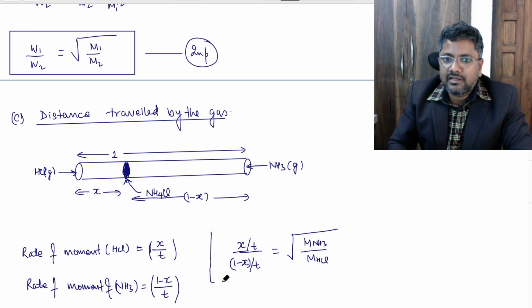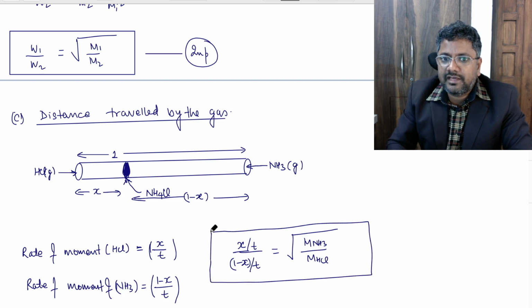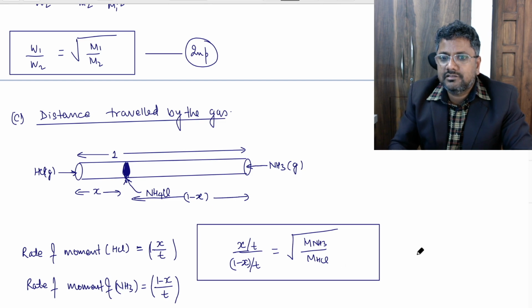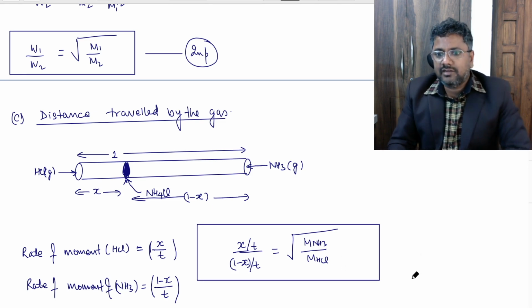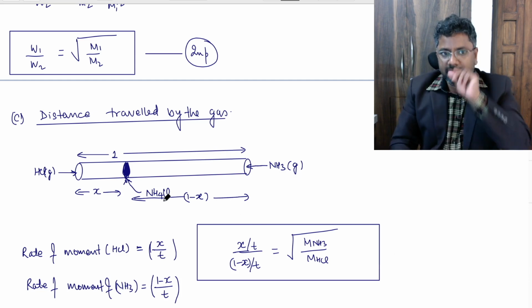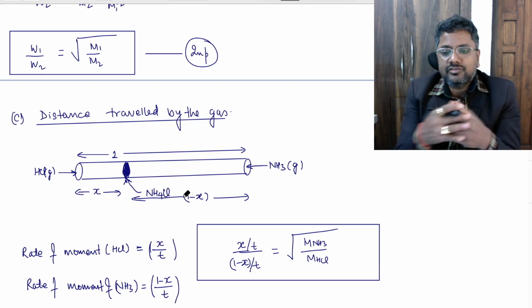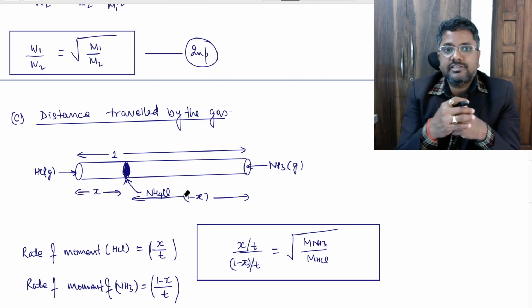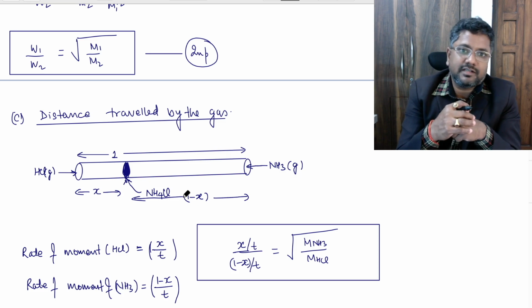So you can calculate the value of x, right? You can use Graham's law of effusion for calculating the distance traveled by the gas per unit time.